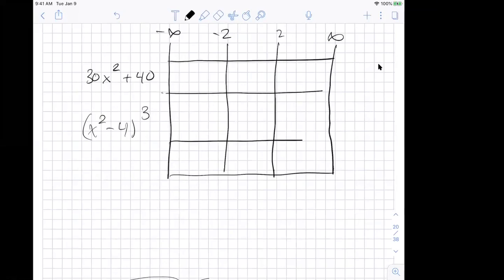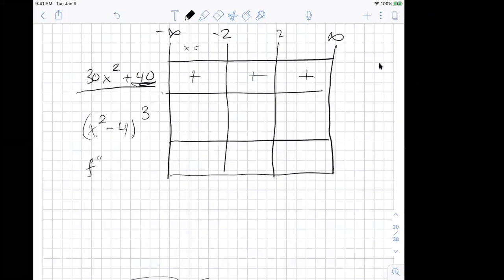All right, and then f double prime is the top divided by the bottom. So what sign does 30x squared plus 40 have for any x? Positive, right? It's got to be bigger than 40. So plus, plus, plus. All right. So what test value should I take between negative 2 and negative infinity?